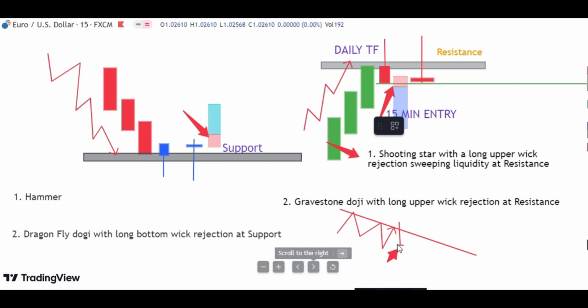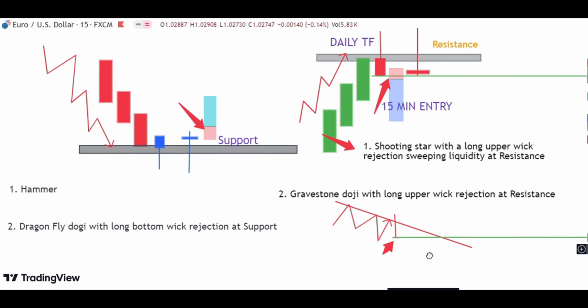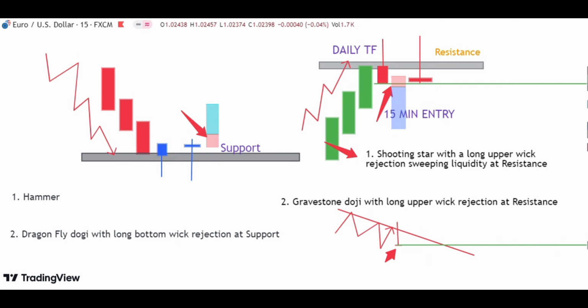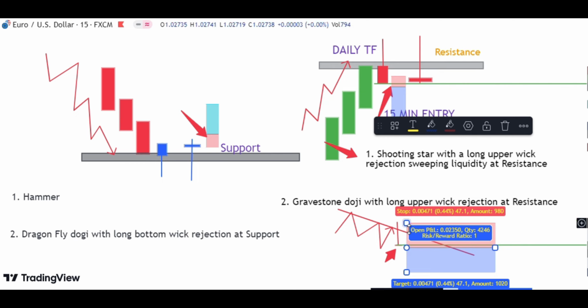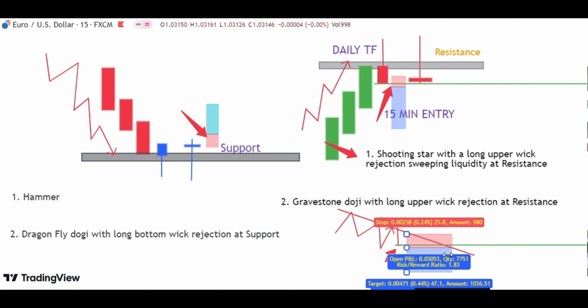You go to your 15 minutes time frame the next day, because this is a daily Gravestone doji candle. The next day you go to your 15 minutes time frame, and then you are selling below that horizontal line that you have marked out. You are selling below that horizontal line the next day on the 15 minutes time frame, guys. That's the entry time.